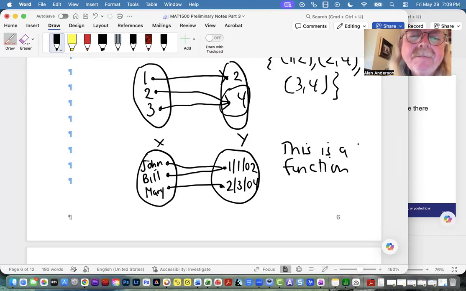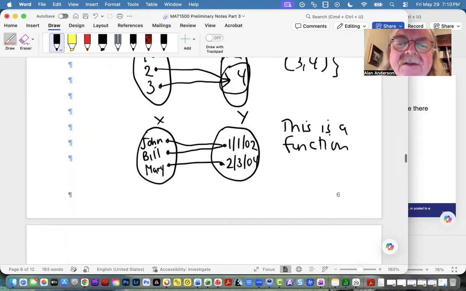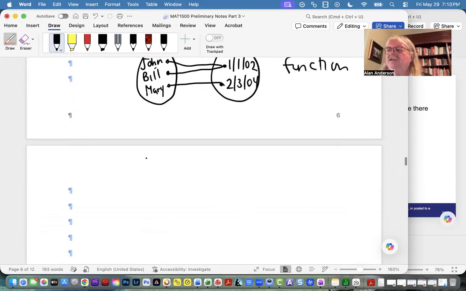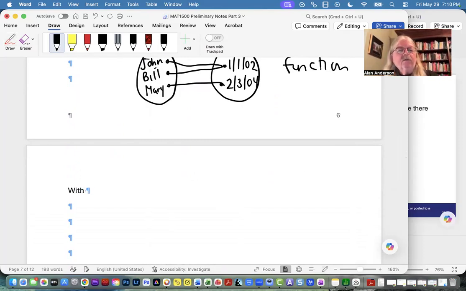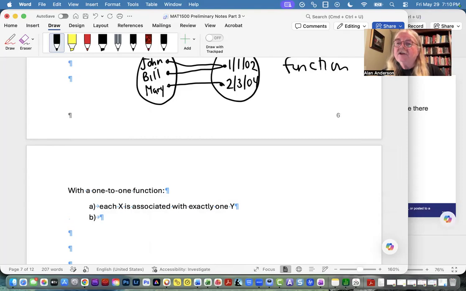Okay. Now, the one-to-one function has an extra requirement. Okay. So here it is. With a one-to-one function, each x is associated with exactly one y, and in turn, each y is associated with exactly one x.